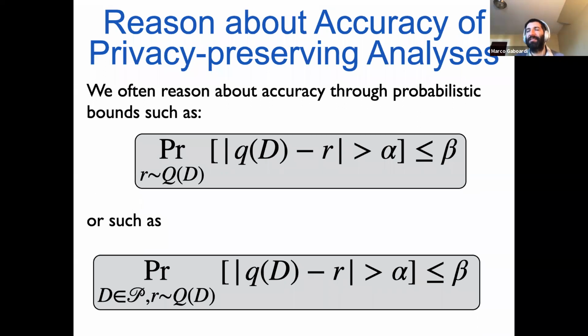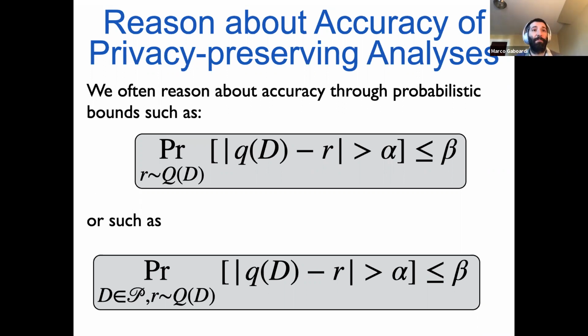So if we fix the randomness, we are looking at two specific points over the same data set, two specific processes on the data set. The second one is instead with respect to the population.